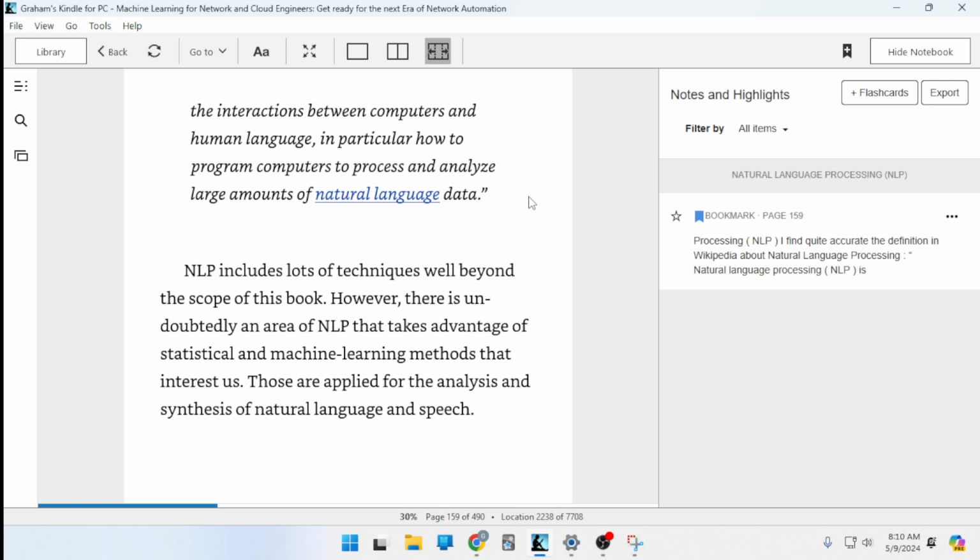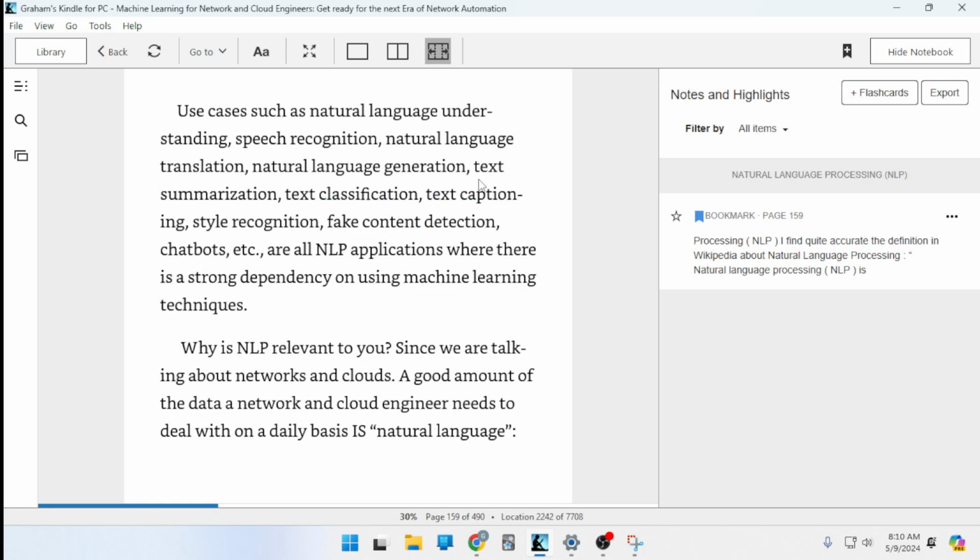NLP includes lots of techniques well beyond the scope of this book. However, there is undoubtedly an area of NLP that takes advantage of statistical and machine learning methods that interest us. Those are applied for the analysis and synthesis of natural language and speech.